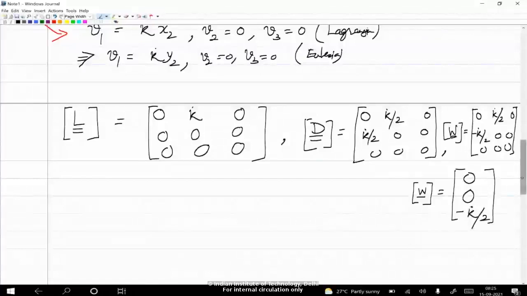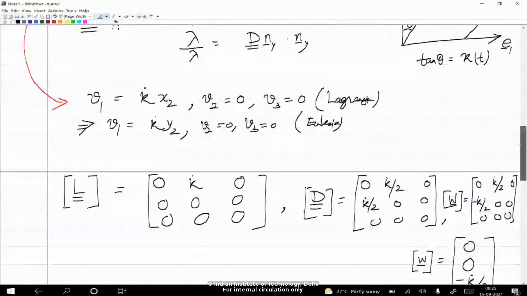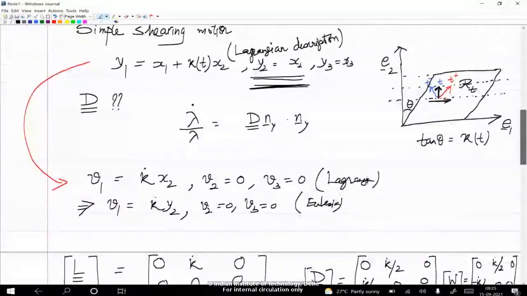Okay, so now having found out this from the formula, let us see, is it matching with the physics that we saw earlier. Somebody is asking how to write D matrix.